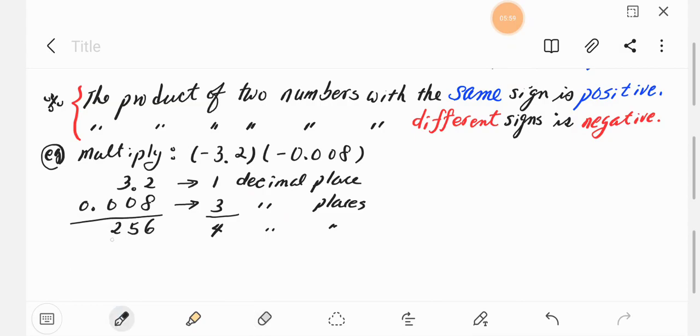Okay, so there are 2 places already, so put 2 more zeros. And then put the decimal, right? So this is the product, 0.0256. And what is the sign of the product? The sign is positive, right?